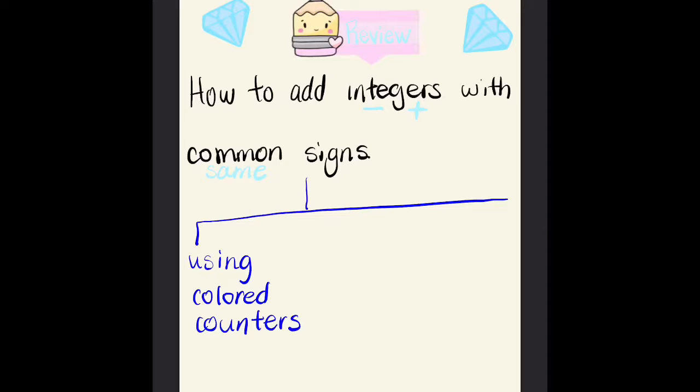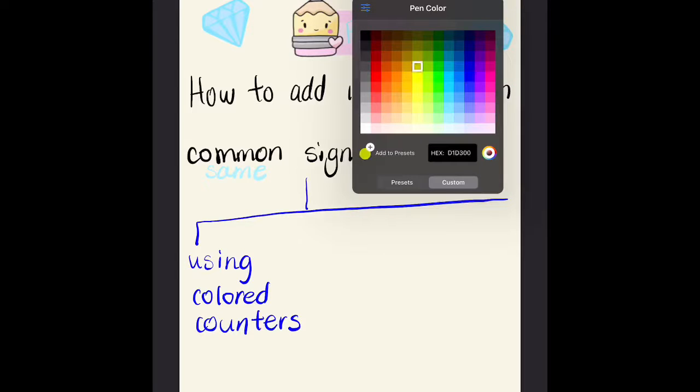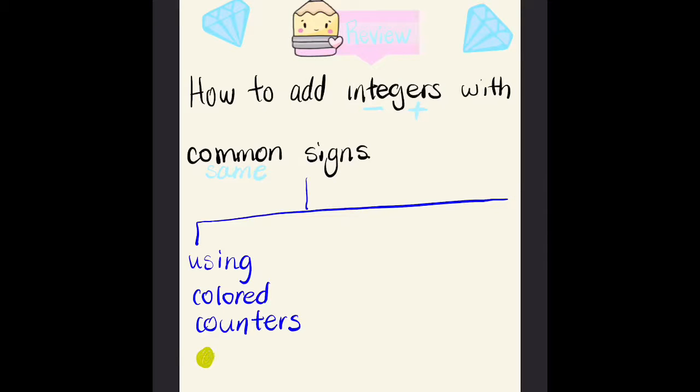Remember this? We said that yellow means positive, and we said that red means negative. So that's the colored counters.